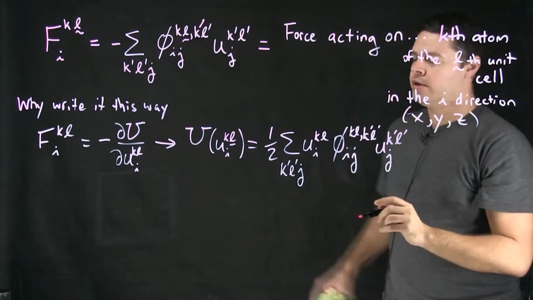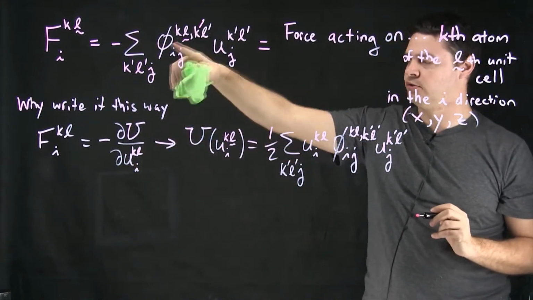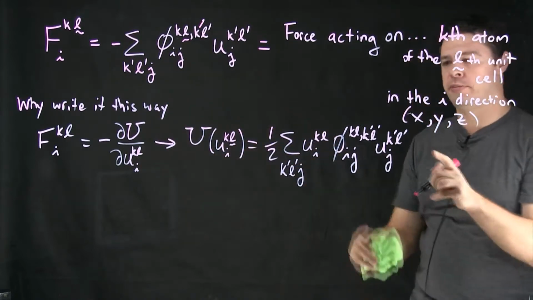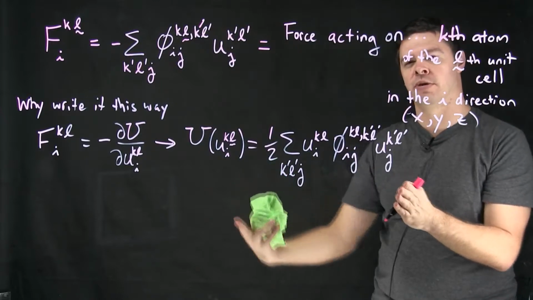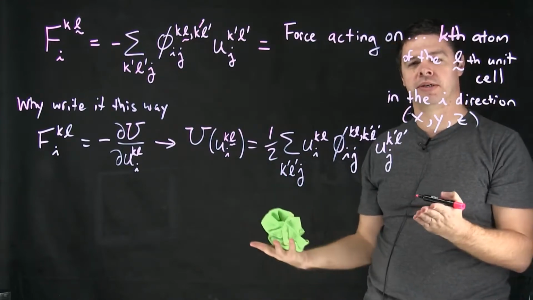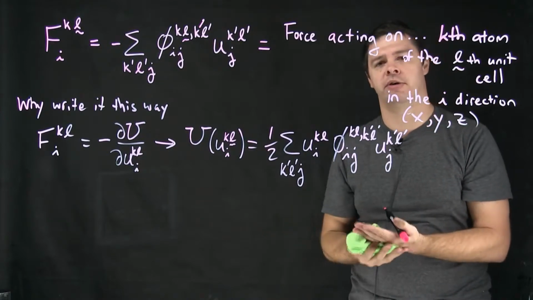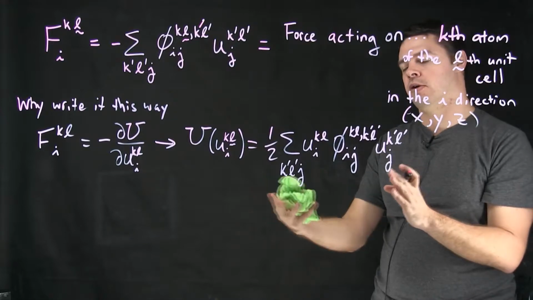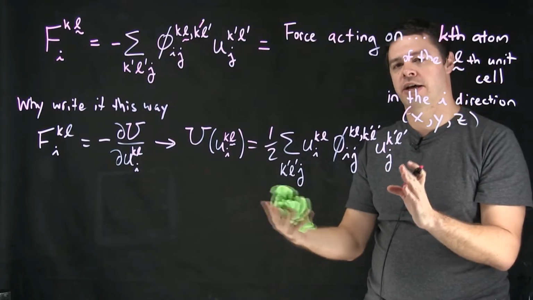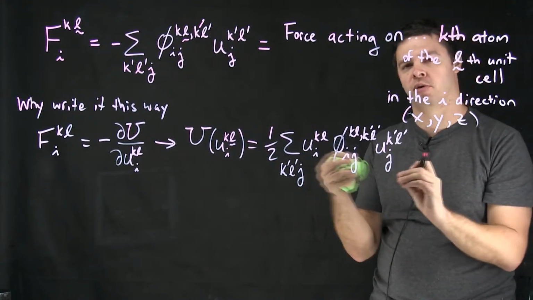So basically, the reason why it's written this way is because those forces are derivable from a potential, and you'll recognize this as a standard form of the potential energy. If you took our Intro to Engineering Math class, you probably saw terms like this to describe the potential energy of spring networks.